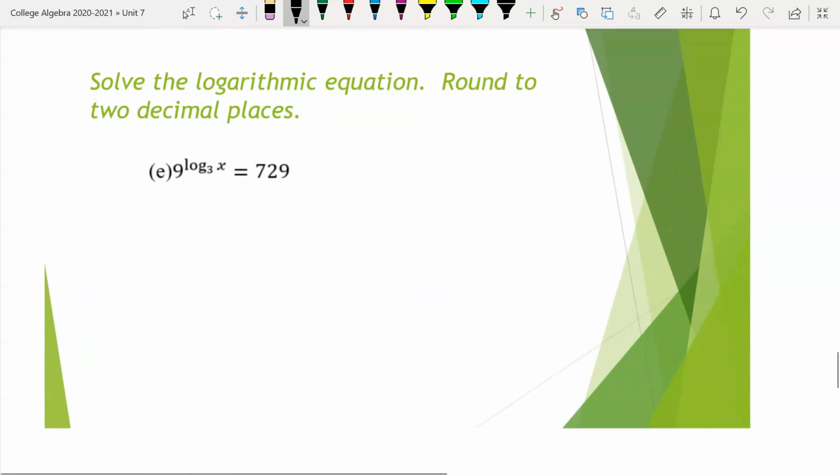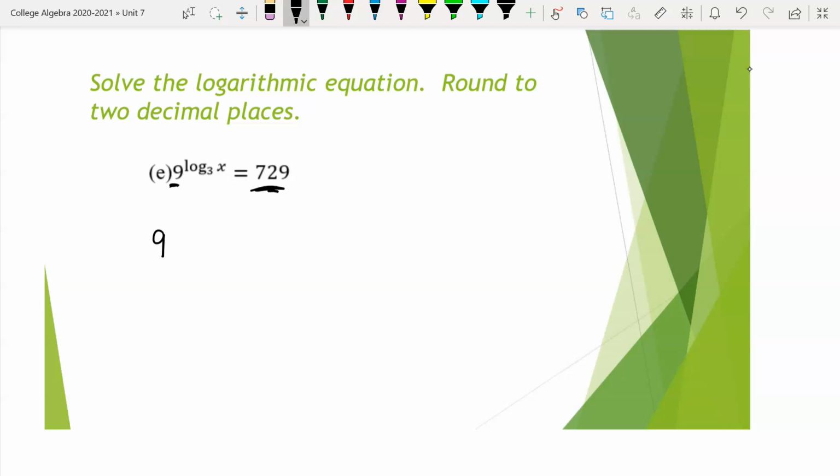So the last one's kind of the tough one. All right. So when you do this, you really want to think about 729. If they're going to give you a big number like that, it's probably going to be 9 to a power. So if I rewrite that, I get 9 to the third. So then I would have log base 3 of x equals 3.